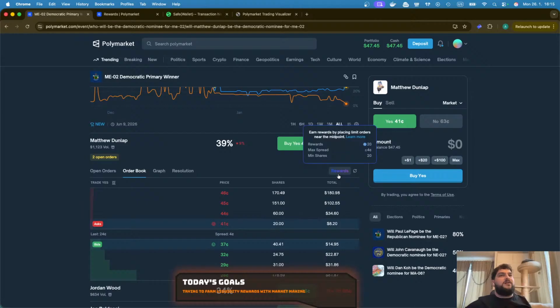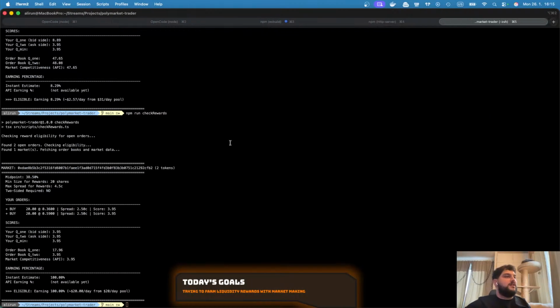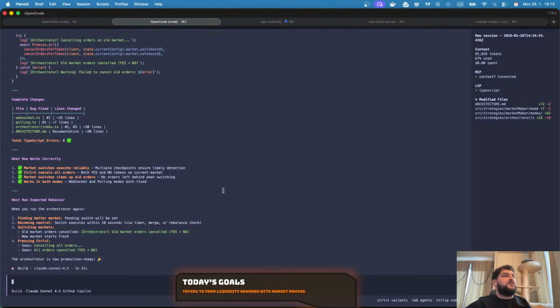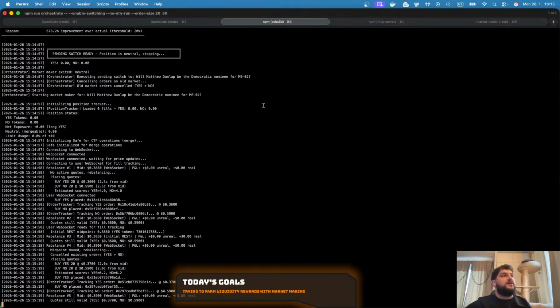And right now we are getting almost 100% of this market. And this is what it will be doing from now on, again and again. So this is some automation that can actually keep this bot running for a longer time. That's cool. I'm really happy that we are finally at some results here.